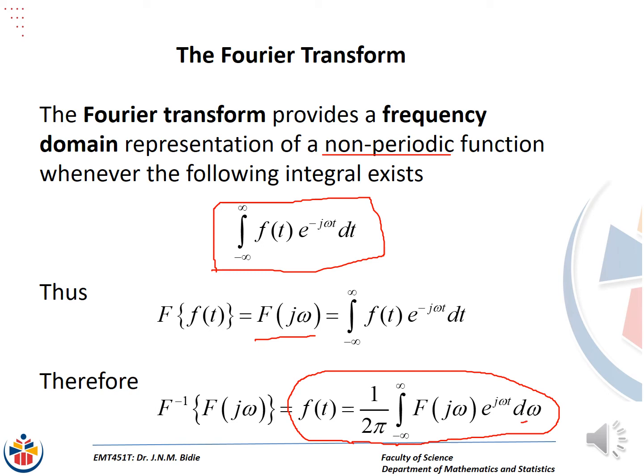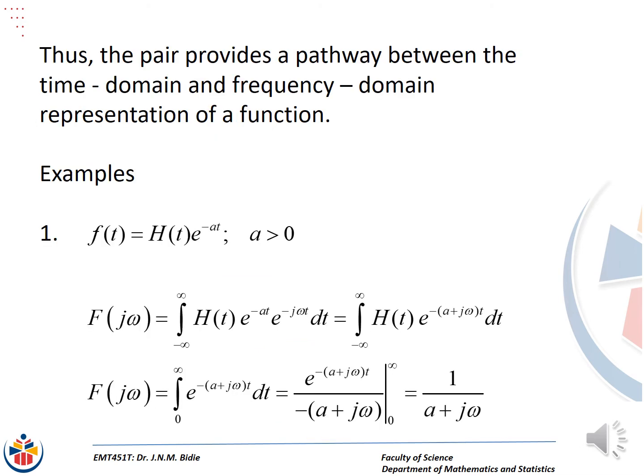And note that we are integrating with respect to omega from negative infinity to positive infinity. As stated, we have a time domain and a frequency domain pathway that is represented by the pair, the Fourier transform and its inverse. Now let's quickly do some examples.